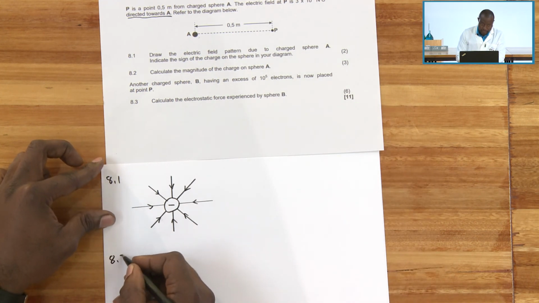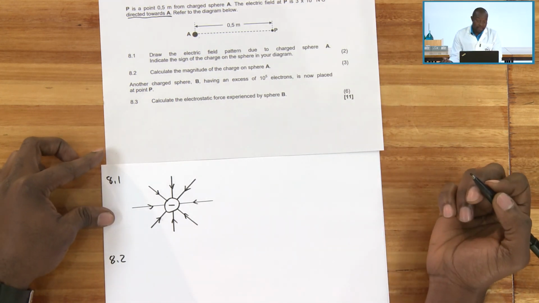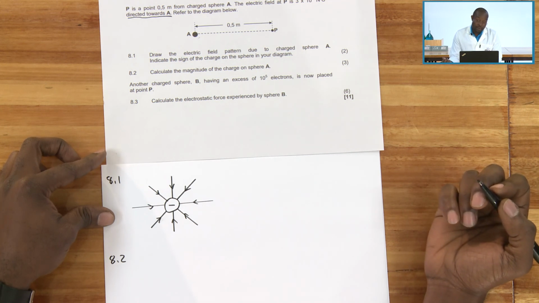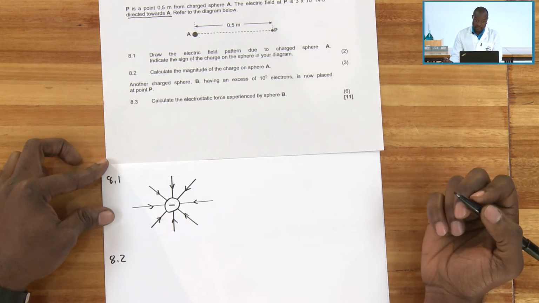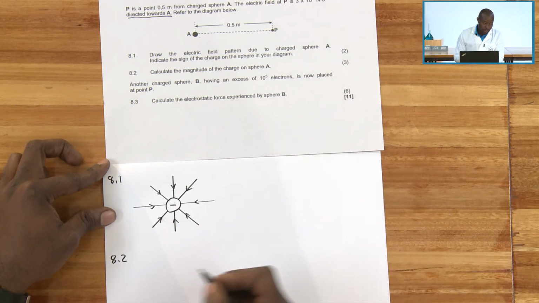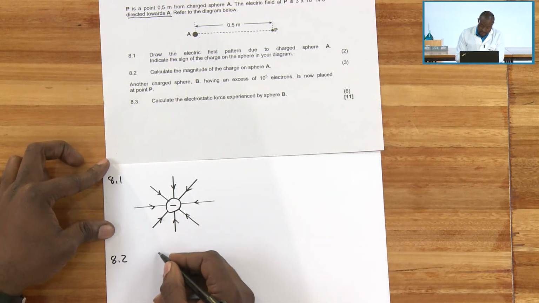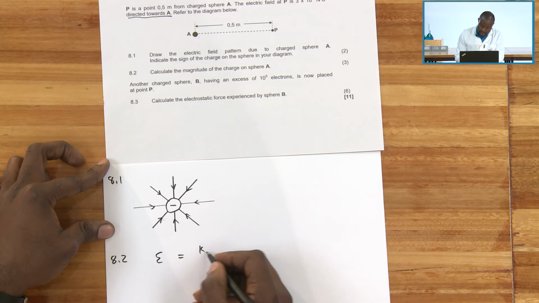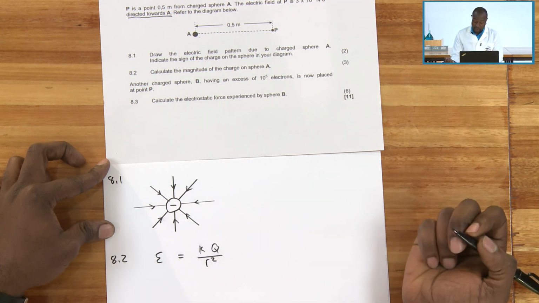8.2 says calculate the magnitude of the charge on sphere A. So we know that we have our formula which says that E is equal to KQ over R squared.